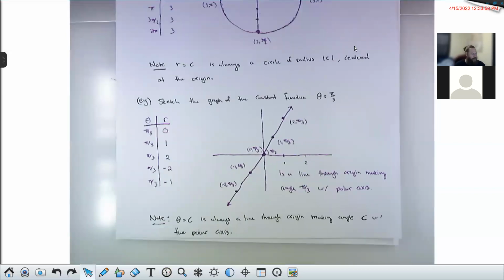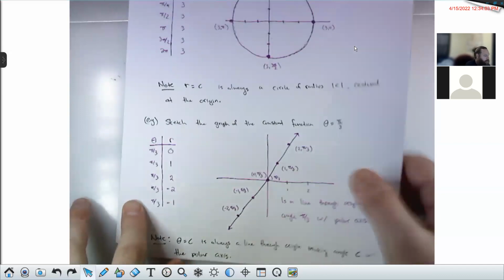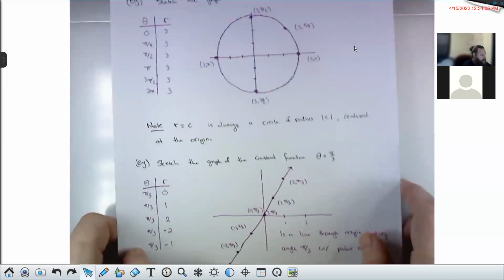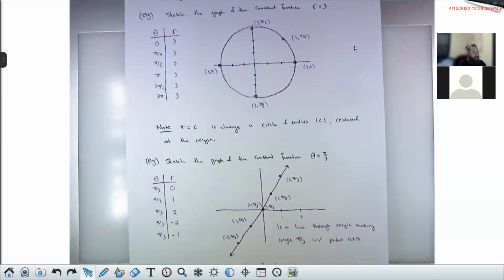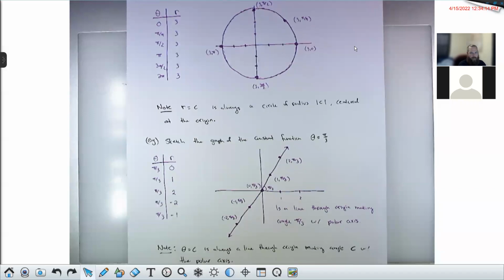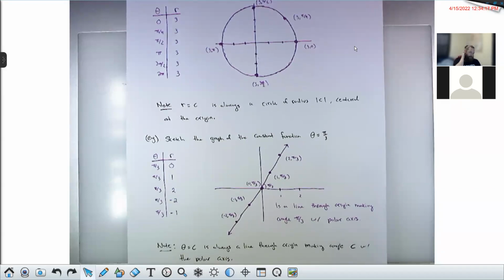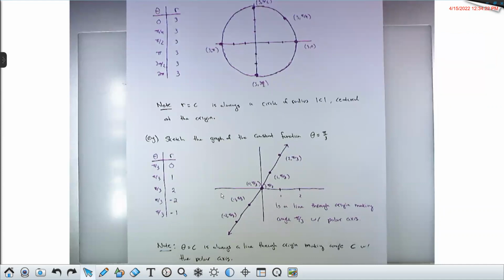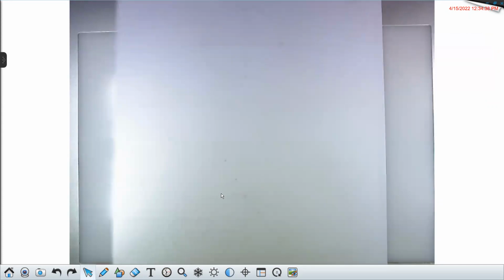Any questions about how we got these two graphs or the two notes there? Okay. Two more little examples, and I'll let you go.